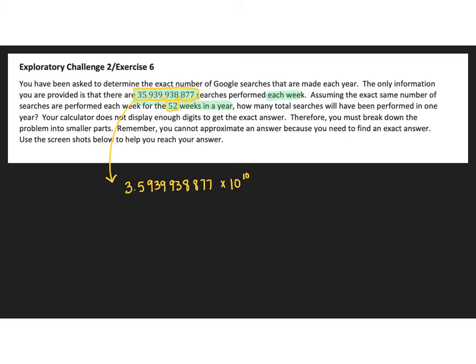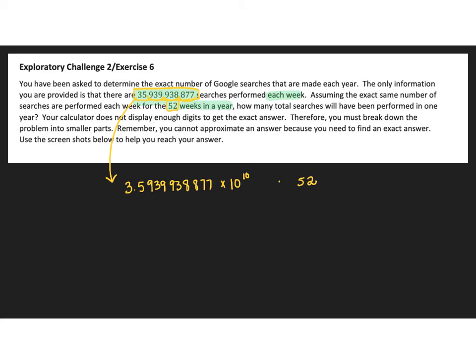Alright, you should have paused the video, written it down, and then pressed play, and you would have got this answer that I have here, 3.5939938877 times 10 to the 10th power, and we are multiplying this by 52.